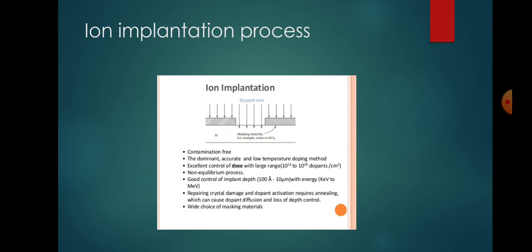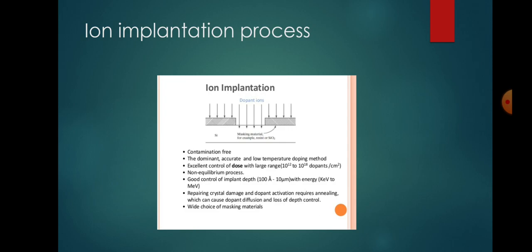The advantages of the ion implantation process are that it is contamination free. The dominant, accurate and low temperature method is used. It has excellent control of dose with a large range of 10 to the power 12 to 10 to the power 18 dopants per centimeter square. It is a non-equilibrium process. There is good control of implant depth, that is 100 angstrom to 10 micrometer, with energy from kilo electron volt to mega electron volt.